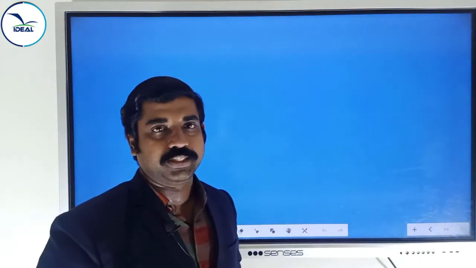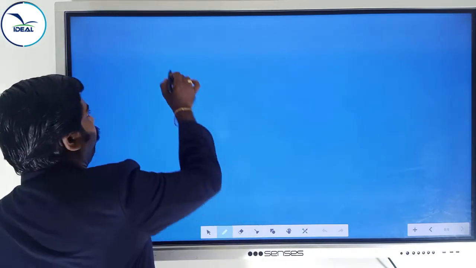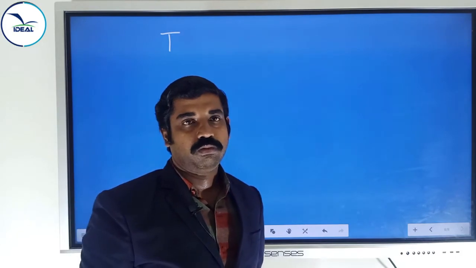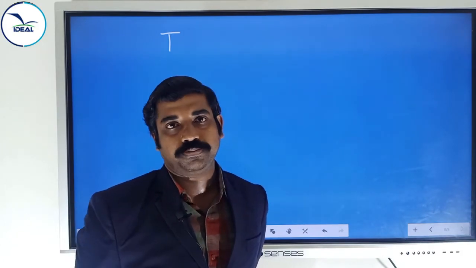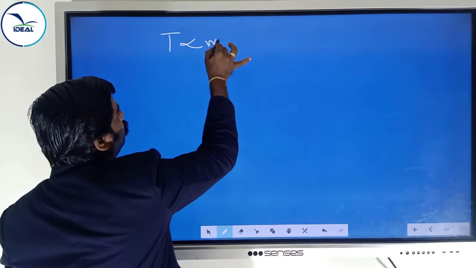Then the next question. Let us consider the time period of a simple pendulum. What are the things it depends on?